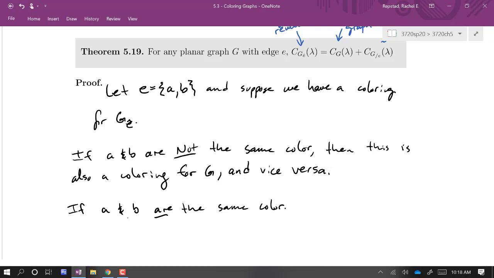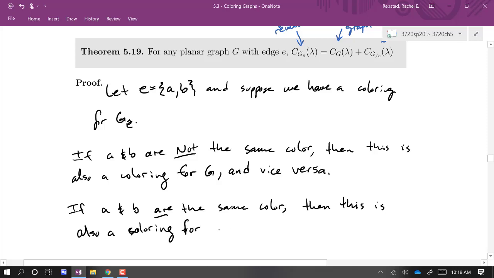But it is a coloring for G mod E. Remember, in G mod E, A and B are the same vertex, so clearly it's the same color. And vice versa. Any coloring for G mod E will also be a coloring for G sub E hat. I can split them into the two vertices as long as they're not connected, because they can be the same color if they're not connected.